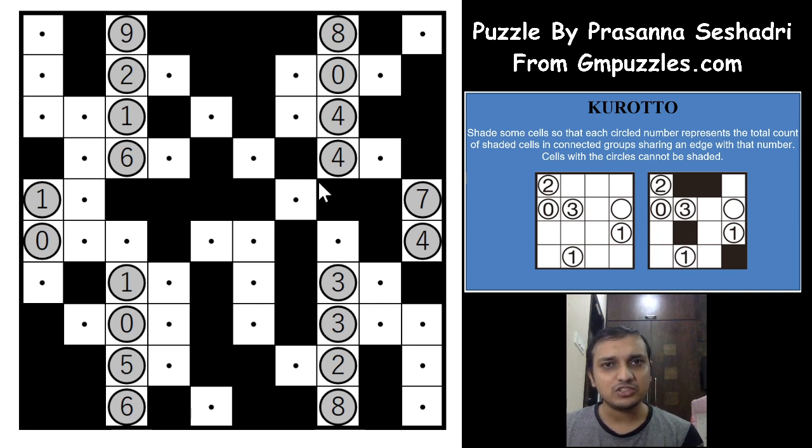And I will still suggest you that if you are solving the puzzle leisurely, not in a competition mode, try not to use the uniqueness trick, because there will be some beauty in the logic intended by the author, which we might miss. So try to solve the puzzle logically when you are solving leisurely, and solve it with the uniqueness trick when you are solving in a competition mode.